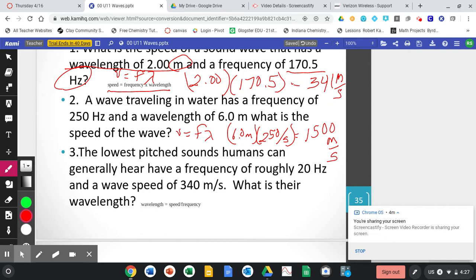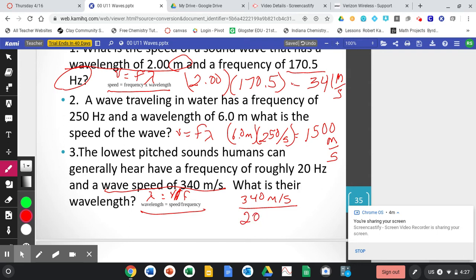Now this time I'm asked to find the wavelength. Anytime you're asked to find wavelength or frequency, you're going to have speed in the numerator and the other one in the denominator. So here's my speed, so that's going to be my numerator. Here's my frequency. Wavelength is equal to speed divided by frequency. And so I am going to take my wave speed of 340 meters per second, and I'm going to divide it.